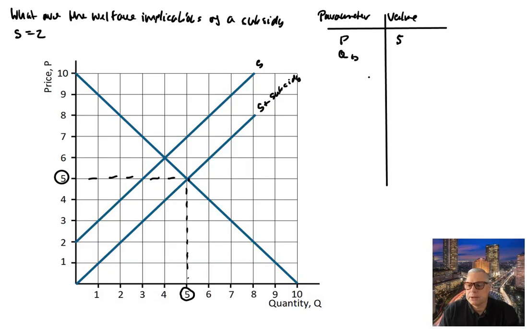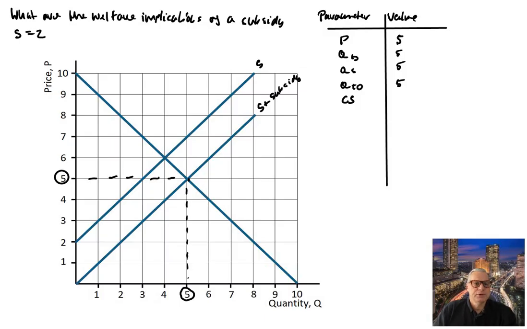Quantity demanded is 5, quantity supplied is 5, and the entire quantity turned over is now, of course, 5. So now let's take a look at consumer surplus. So consumer surplus is everything below the demand function and above the price that consumers have to pay all the way to the quantity turned over.